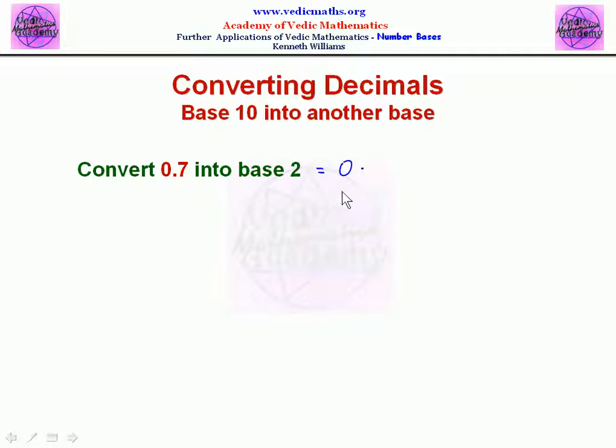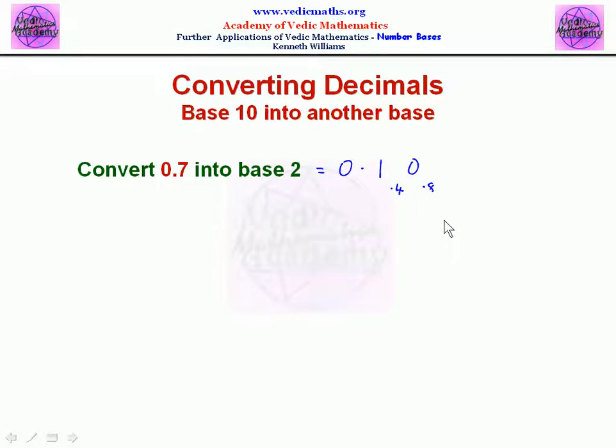We're going to be continually multiplying by 2 like this. So we multiply the 0.7 by the base number 2, we get 1.4. Now we multiply the 0.4 by 2, we get 0.8.